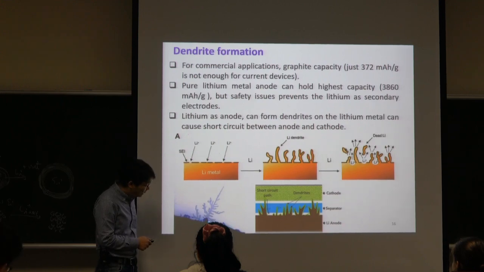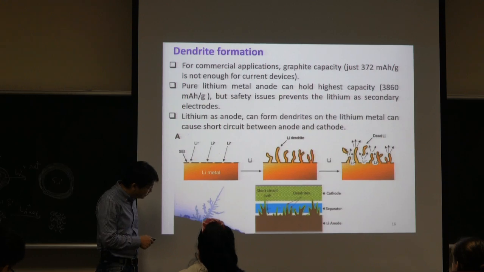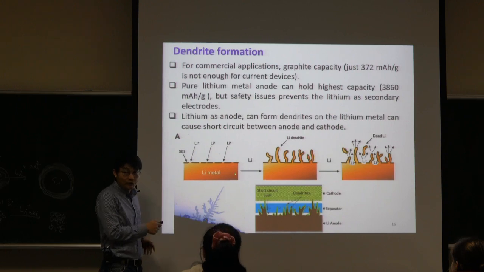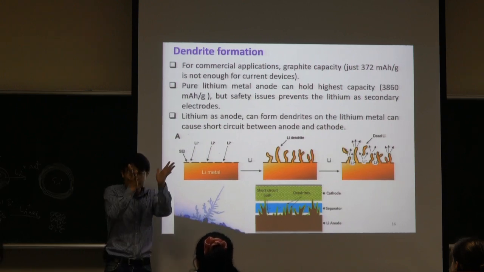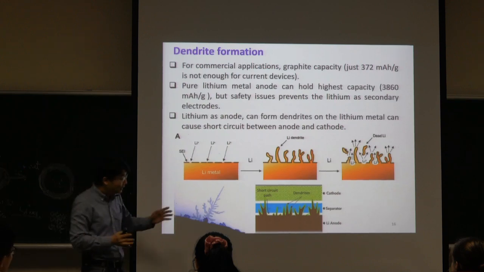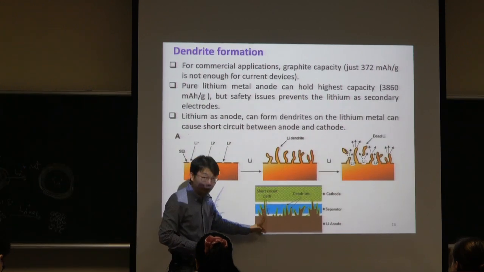The lithium accumulates here over and over again during long cycling, and you can see the lithium grow like a little wire, a dendrite.